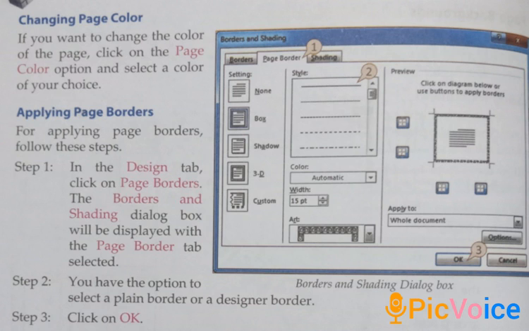Then step 2, from the options we have to select plain border or a designer border. Then step 3, click on OK. Now the border is already inserted to the page.